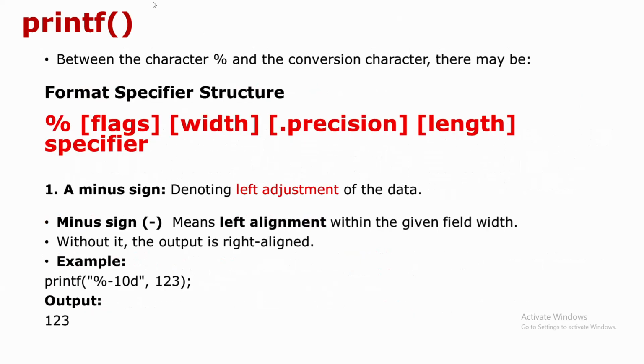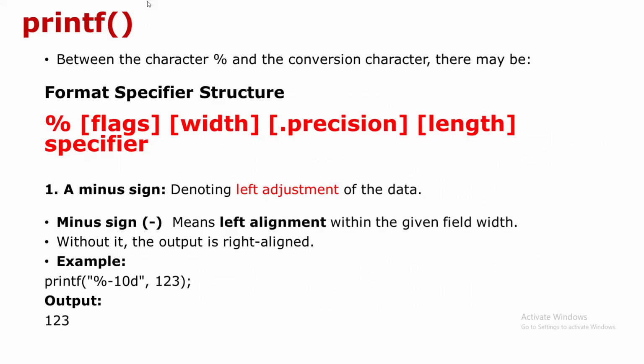This slide is very important. Let us understand the structure of a format specifier. The structure is the percent symbol followed by flags, width, precision, length, and finally the specifier. Let us understand each part. First, flags. Flags control alignment, for example left alignment or right alignment. Second, width. Width decides the minimum number of spaces reserved for the output.